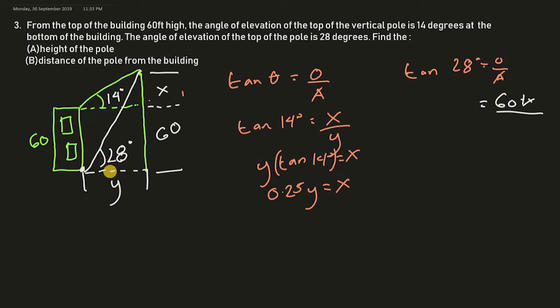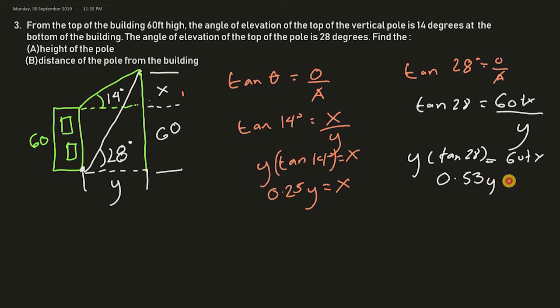Over what is adjacent to 28 is also the same as y. That's tan 28. Okay? I'll put y to the other side of the equation. So that's y times tan 28 equals 60 plus x. Okay? So evaluate natin. Tan 28 using the calculator is approximately 0.53. So this is equal to 0.53y is equals to 60 plus x.